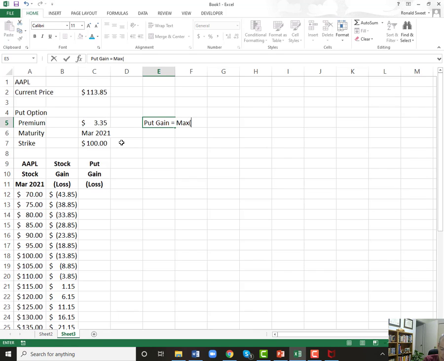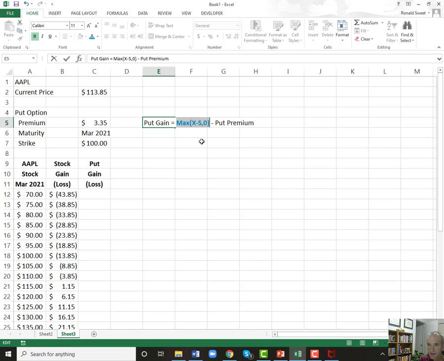All right, so the put gain is going to look exactly like the call. It's going to be the max, but instead of S minus X, it's going to be X minus S and 0, minus the put premium. And again, this right here tells you the intrinsic value of the put. This put is out of the money, so we take X minus the stock price, 100 minus 113.